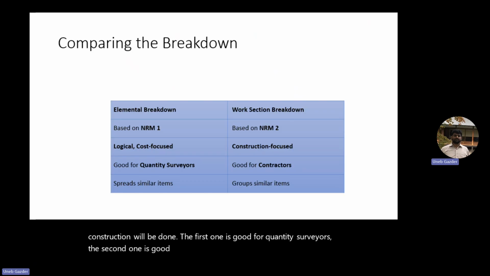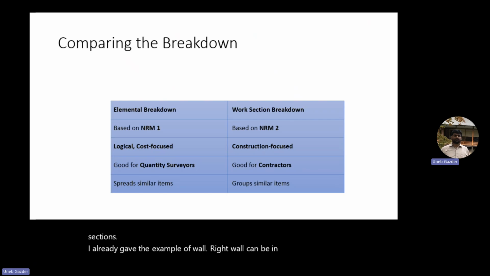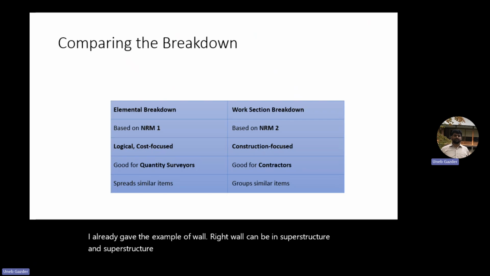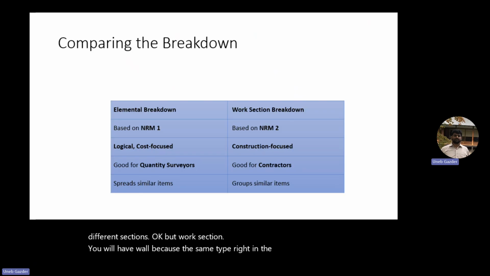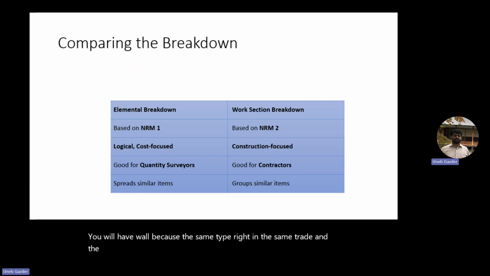In elemental breakdown, you may have similar items in different sections. Wall can be in substructure and superstructure both, and the elemental breakdown will show you in different sections. But in work section, the wall goes together, because it's the same trade and the same product.